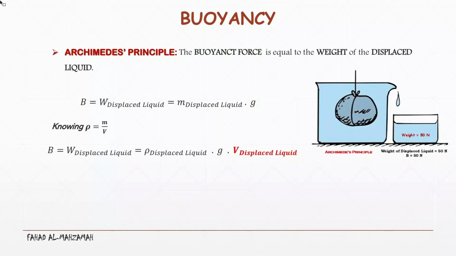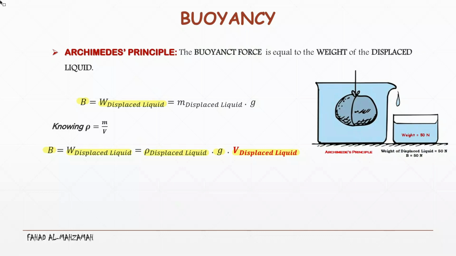Now, recalling the weight formula, since we know that the buoyancy is equal to the weight of displaced liquid, we equate them, and then we apply the same formula of the weight of any object or any material. So the weight of displaced liquid is equal to rho, which is the density of displaced liquid, multiplied by g, multiplied by the volume of displaced liquid.